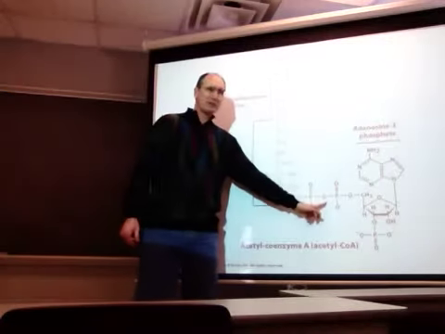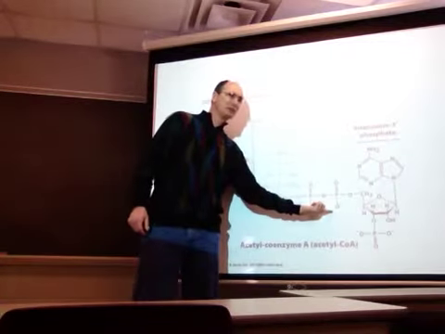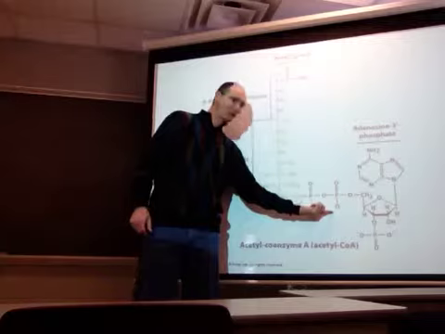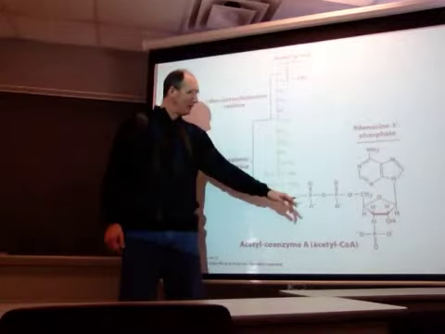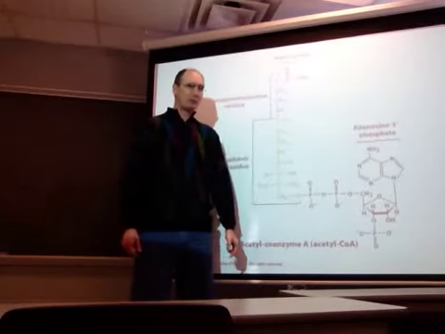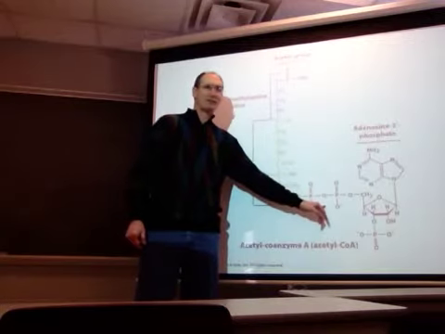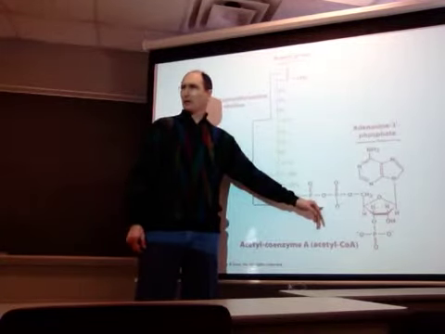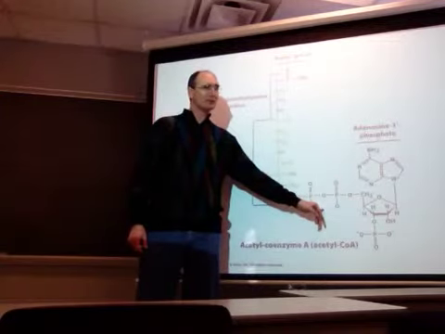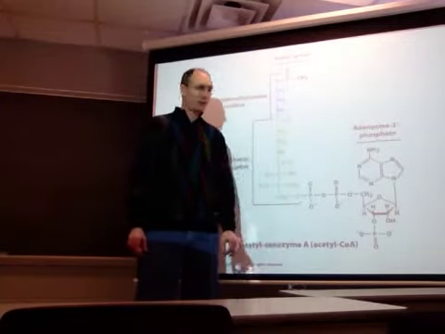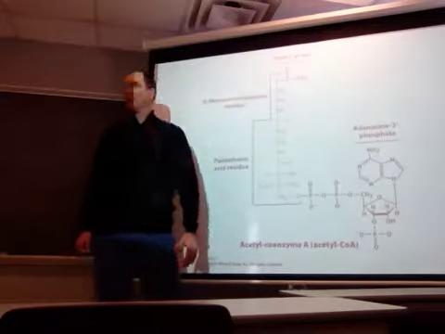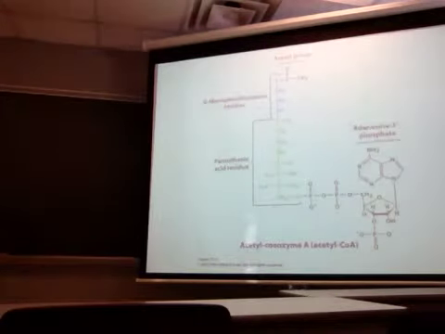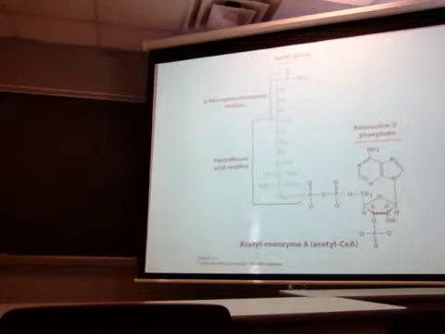What kind of bond is this linkage? Phosphoanhydride. So there are actually a few bacterial species that use the hydrolysis of that bond as an energy source in some membrane transport processes. So it is a high energy bond. Mammals don't use it as a high energy bond, but some bacterial species do.